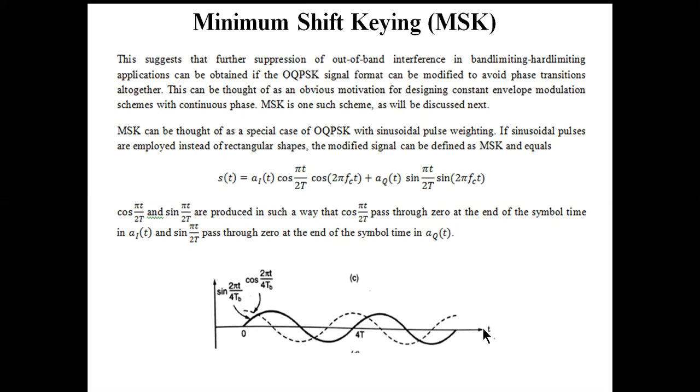If you focus on the fact that we want to minimize the phase discontinuity, or get a constant envelope, MSK basically deals with them. So how can we get a constant envelope with continuous phase? That can be achieved by MSK.